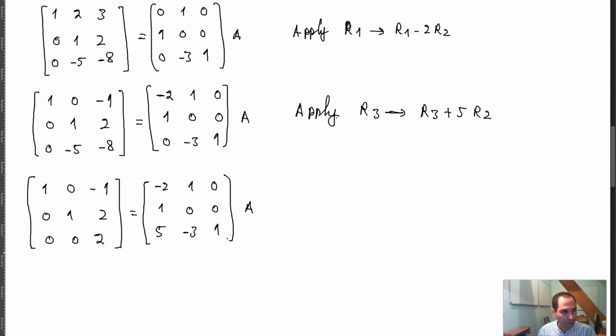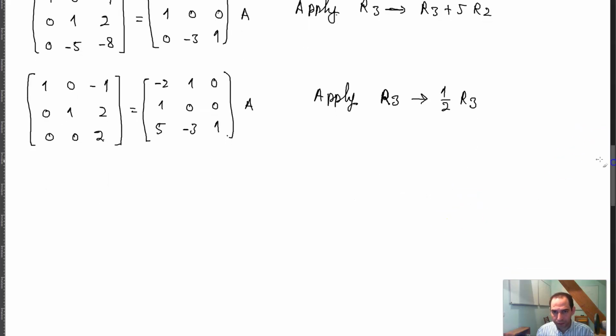Next, I will apply R3 becomes 1/2 R3. So if I do that, the first two rows remain the same, 1, 0, -1, and 0, 1, 2, and then you have 1/2 R3, half of 0 is 0, half of 0 is 0, half of 2 is 1.